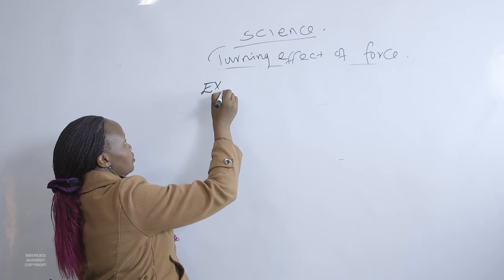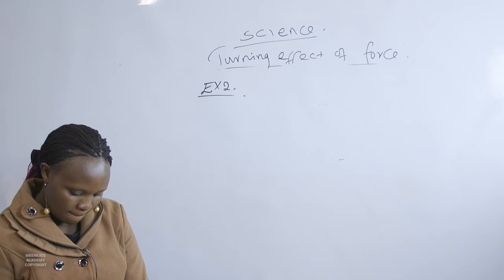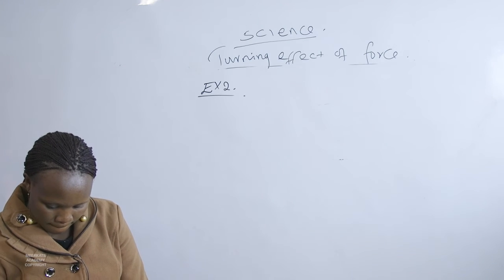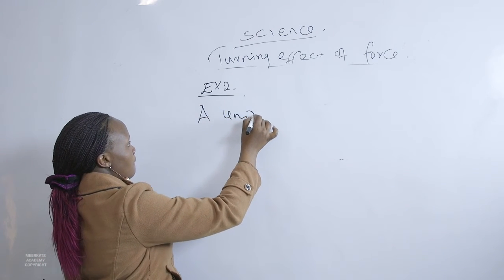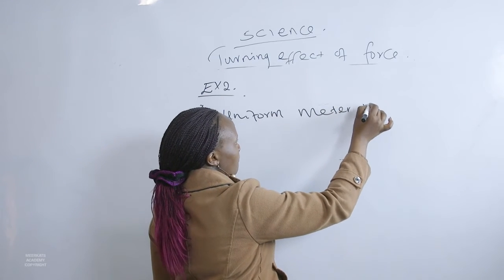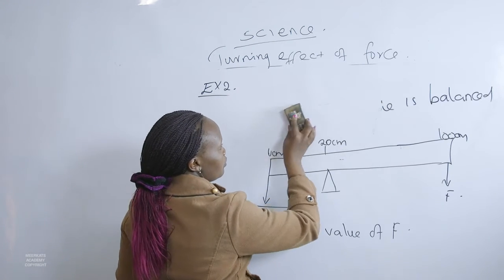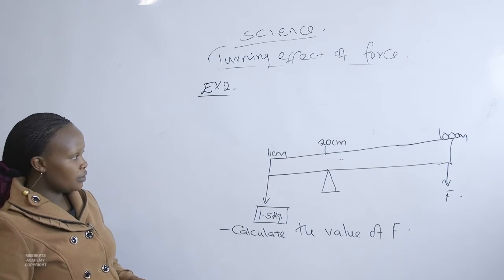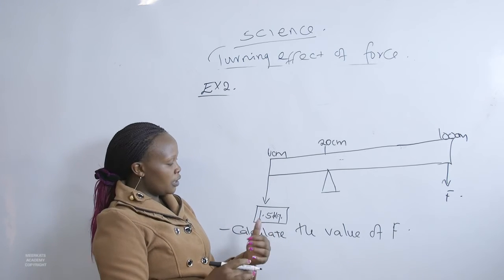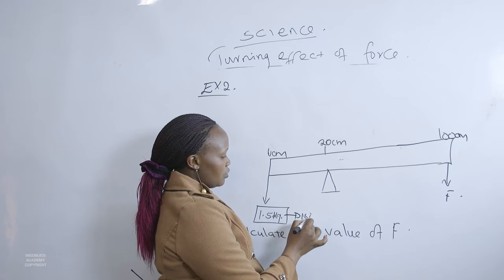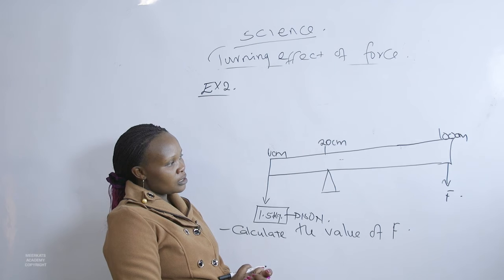Let us take another example too. We have the following setup, where a force of 1.5 kgs translating to 150 newtons balances a meter rule when another one, which is F, is placed at the 100 centimeters mark.